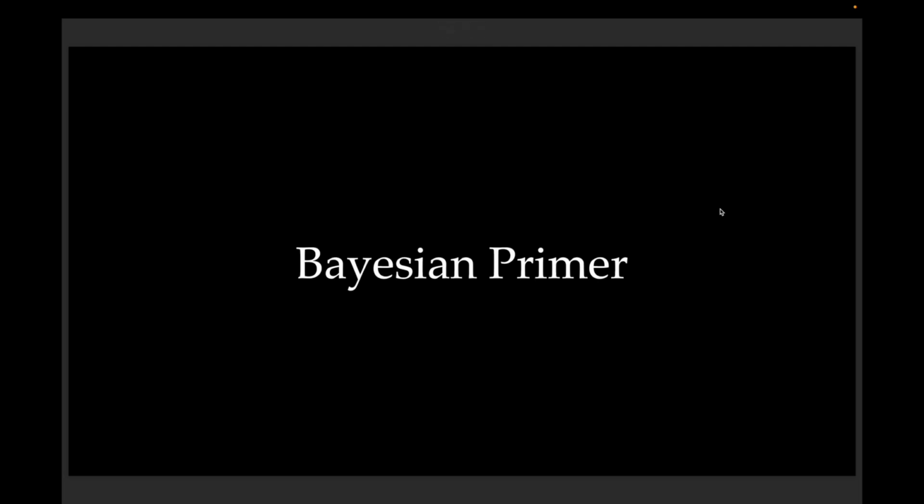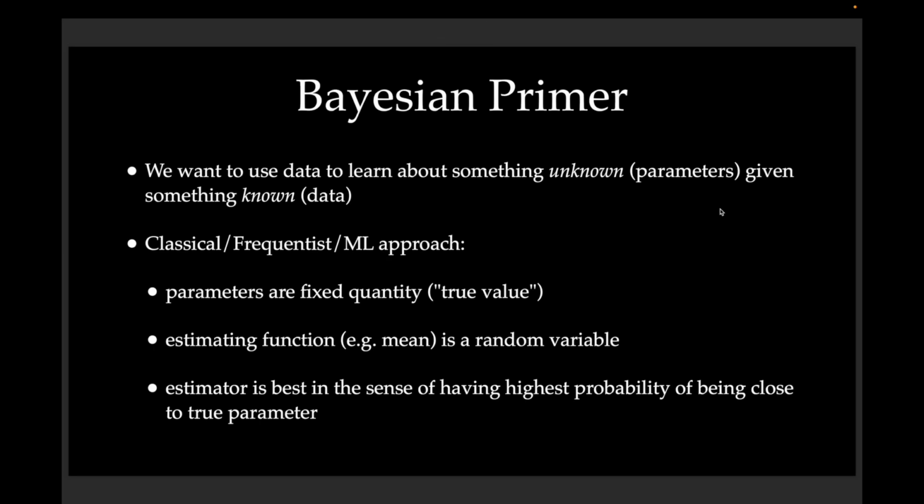Now, let me quickly recap what we've seen when we talked about Bayesian estimation of VAR models. So the idea was that we wanted to use data to learn about something unknown, which will be our model parameters, shock parameters, given something known, the data. Now, the maximum likelihood approach or the frequentist approach is to think about there is one true value of parameters.